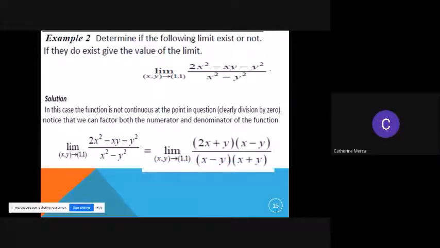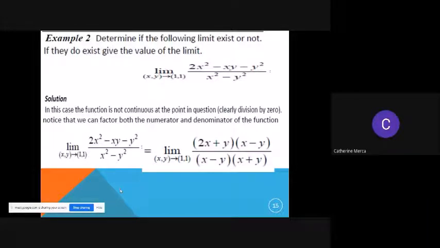So, you rewrite this as, this can be factored as (2x + y)(x - y). It will give you 2x squared plus xy minus 2xy, so minus 2xy, and then plus xy will give you negative xy, negative y squared. You can divide out x minus y by x minus y.